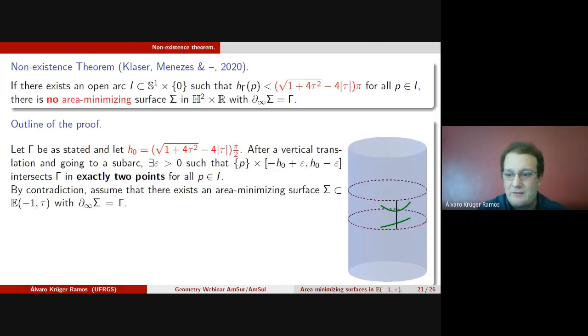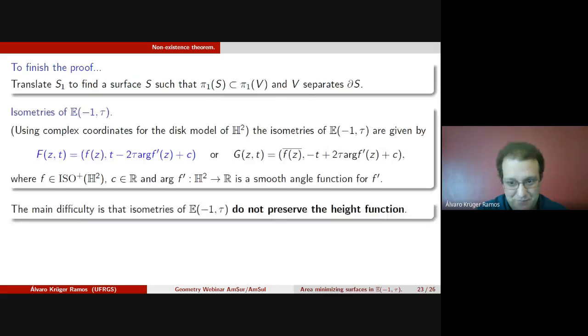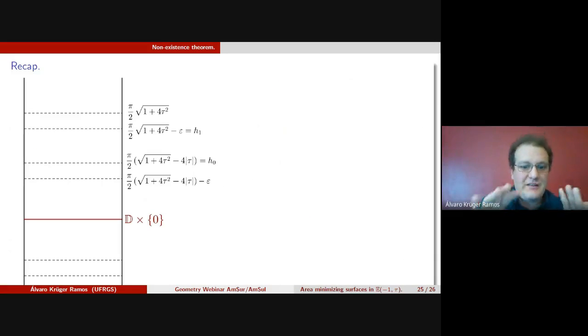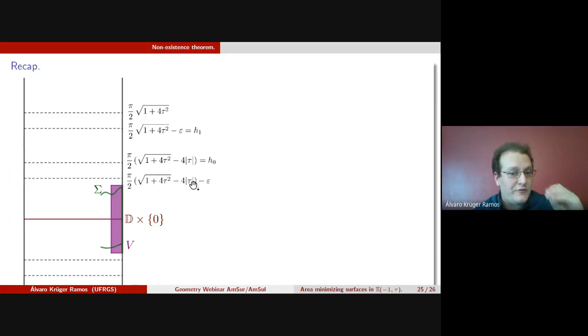And the non-existence theorem, I can wrap it up in one picture, which is the most important one. This picture here. So assume you are really not tall, you are a short curve. You have a curve here which stays between this height and this height, at least for a segment on the asymptotic boundary. And we have some space here, a minus epsilon. So you first construct this product neighborhood V, which is separated at least twice by sigma.